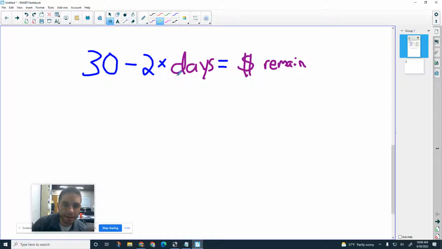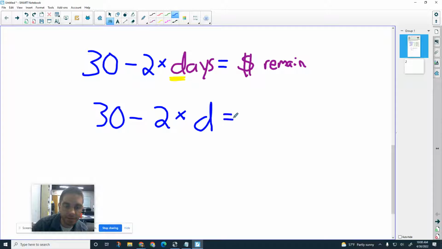So to do that, instead of using the word days, I'm just going to abbreviate. I'm going to abbreviate the word days with the first letter of it, D, and I'm going to rewrite it with that new abbreviation. 30 minus 2 times D equals, and then the same thing, I'll just put a money sign over on the right side to abbreviate money that remains.